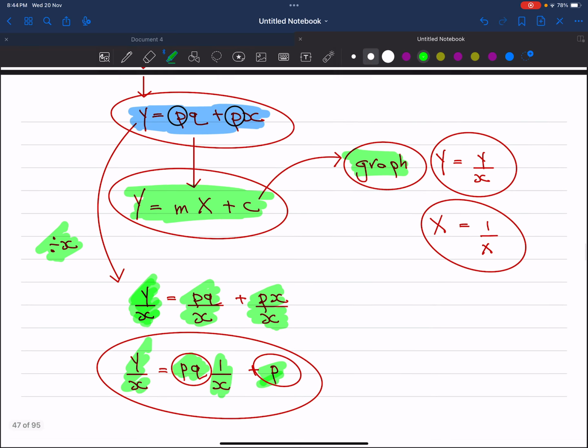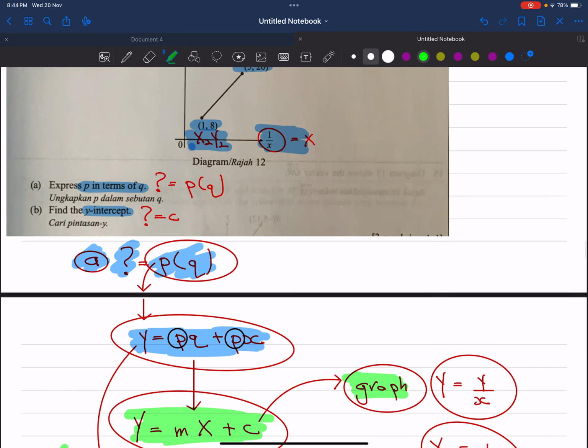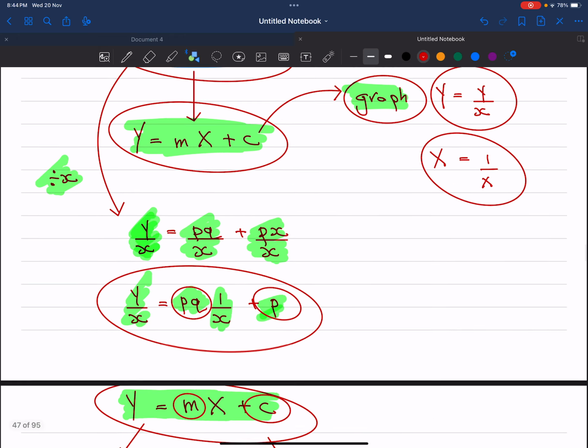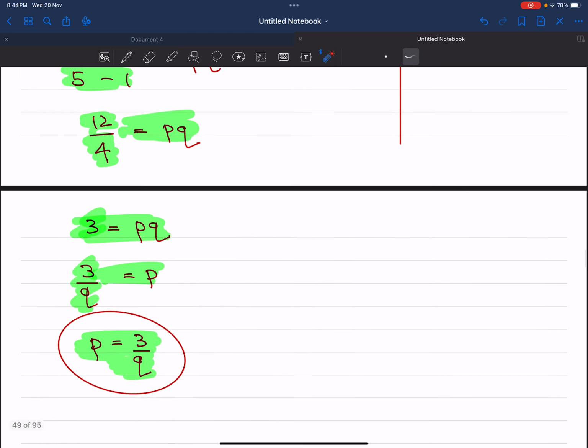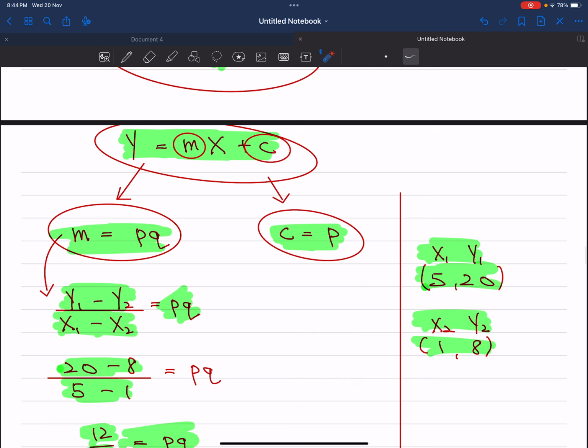The second part of the question is, find the y-intercept. That is, find the C, the y-intercept. So on part B, find the y-intercept. And we already know from the earlier part that the y-intercept C is the same as p.